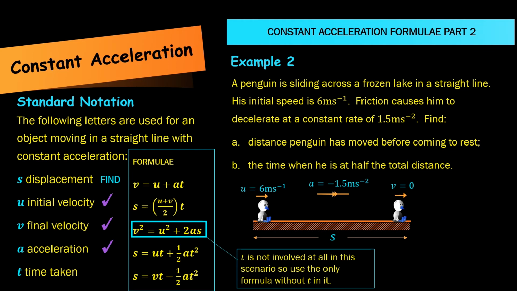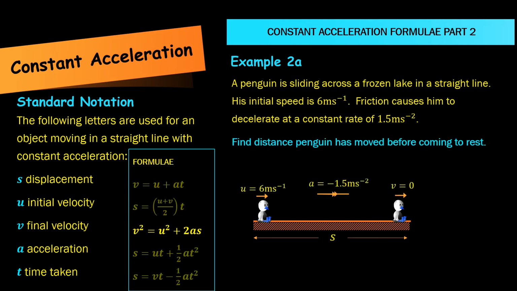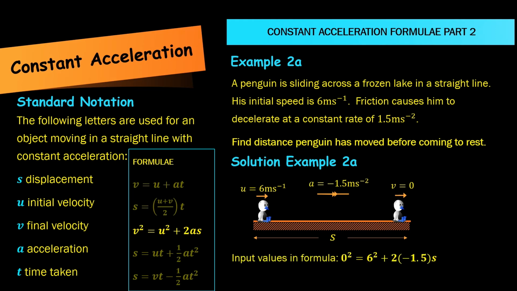So again, we're going to use the formula V squared equals U squared plus 2AS because we're not required to find T at all. So let's plug in the values as before. We have v equals 0 and u equals 6. 2 is part of the formula.